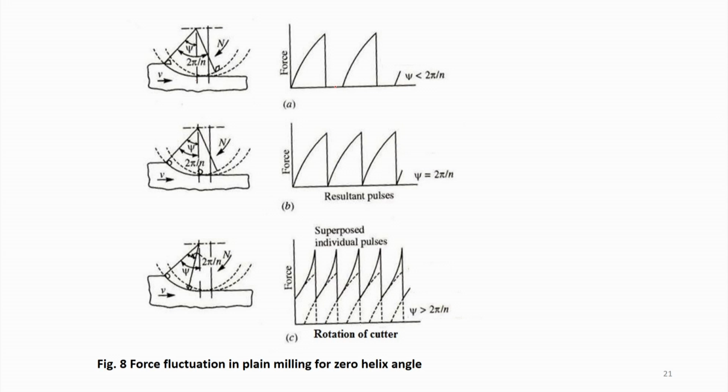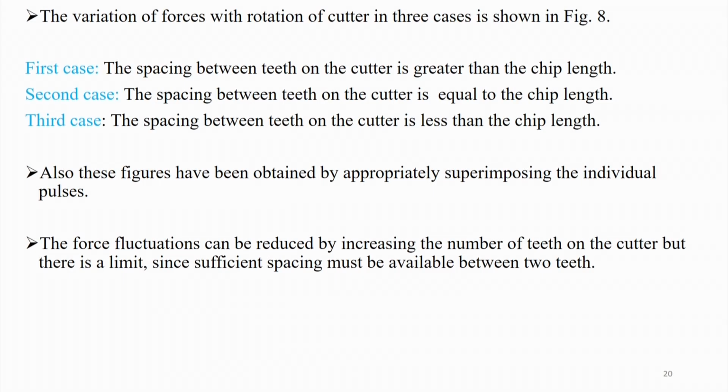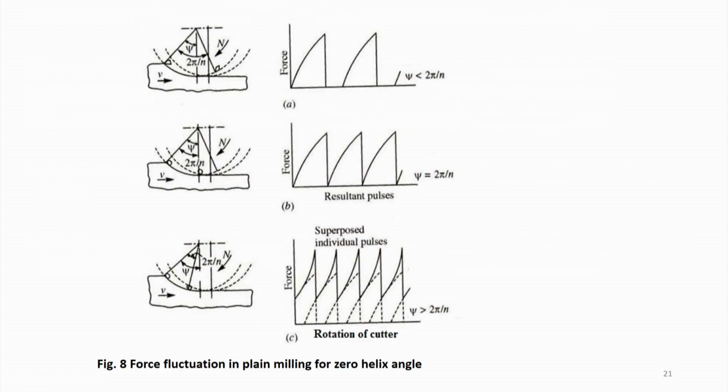In that case you will get this situation. The fluctuation happens when the spacing between teeth on the cutter is greater than the chip length. So the force increases gradually as the chip thickness increases from 0 to maximum, but then it decreases suddenly. Then there is a gap because no contact is there, then it goes again. So this is a very jerky situation.